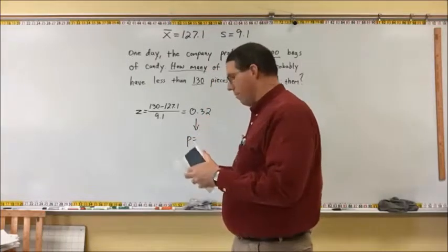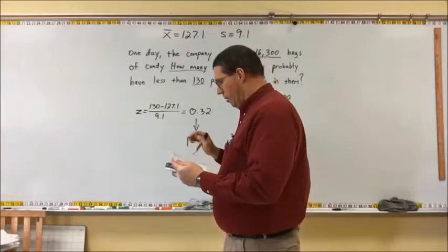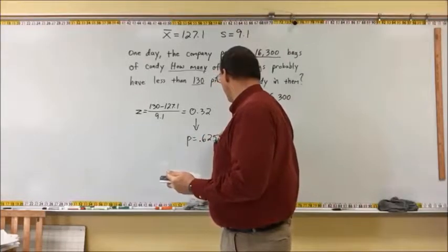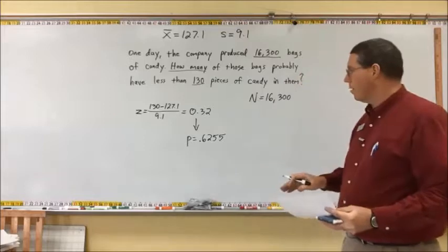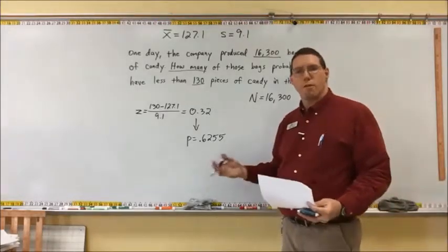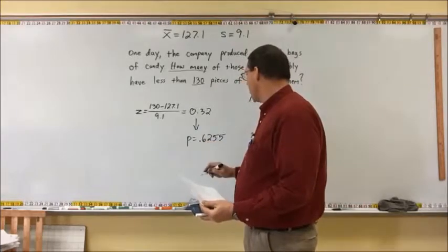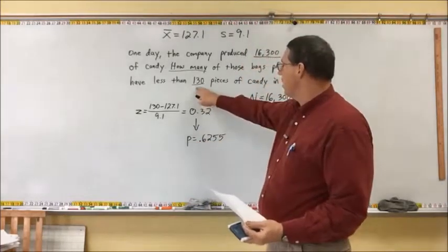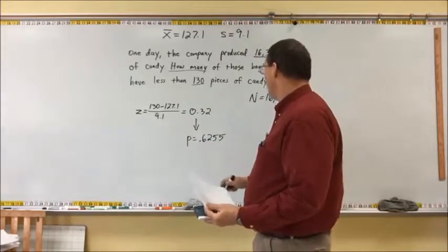So go into the table and find 0.32: 0.6255. I know we just did that same number in a previous question, but sometimes you come up with the same z-scores and the same p-values. In this case, we're going to keep the 0.6255. That's our p-value. So the proportion of bags that have less than 130 pieces of candy in them is 0.6255.